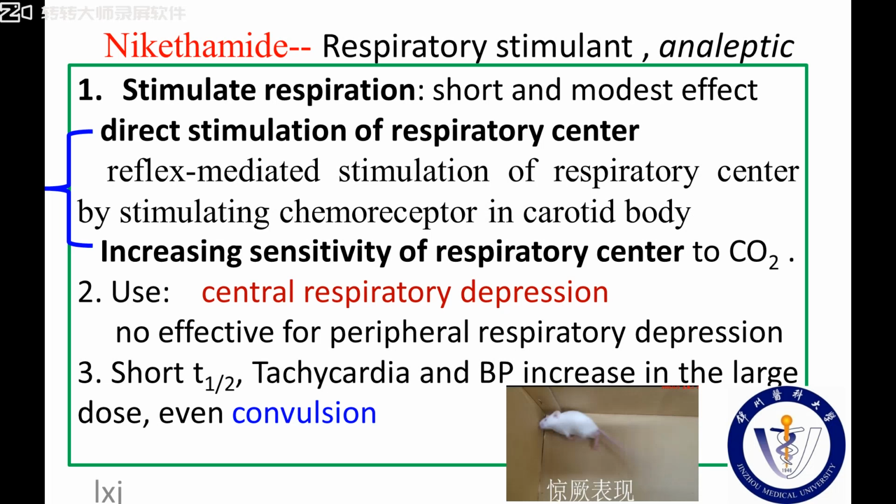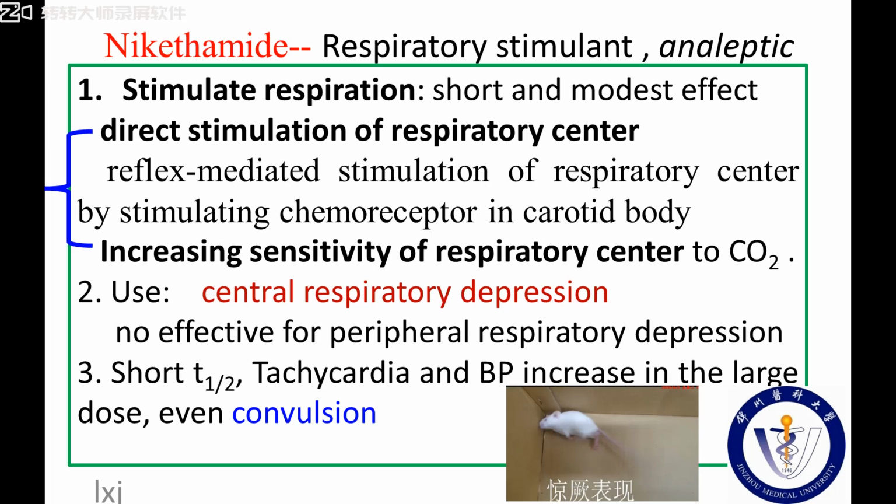One day you will have one experiment about morphine respiratory depression. That day you should administer morphine to the rabbit and then observe the respiratory depression caused by morphine. When the breath of the rabbit becomes slower and slower, you can administer nicotinamide to save the rabbit's life, making the breath of the rabbit recover to normal conditions.